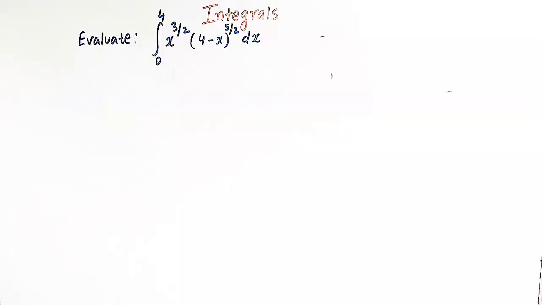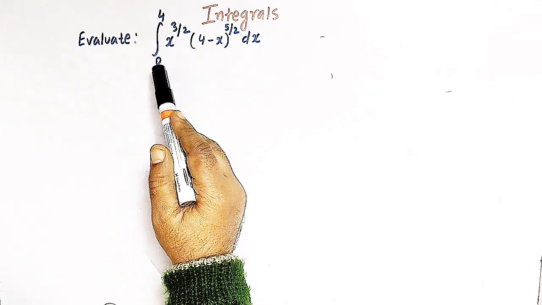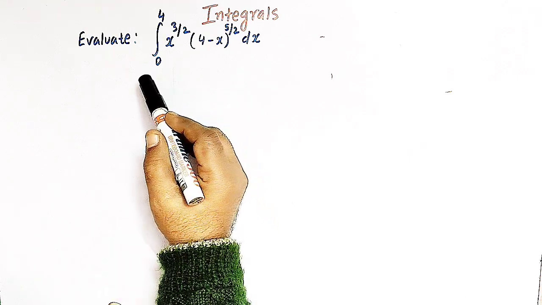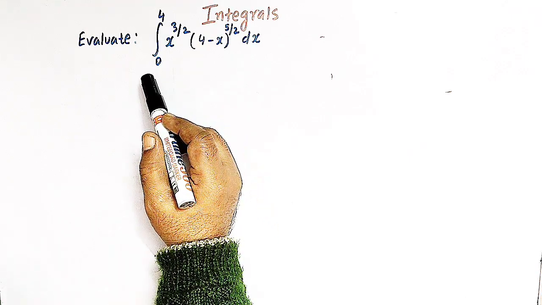Hello viewers, in today's session we are going to discuss another important problem from integrals, and in this session we are going to find out the value of this definite integral using the concept of beta and gamma functions, right? So here we'll see the application of beta and gamma functions to evaluate this integral, right?